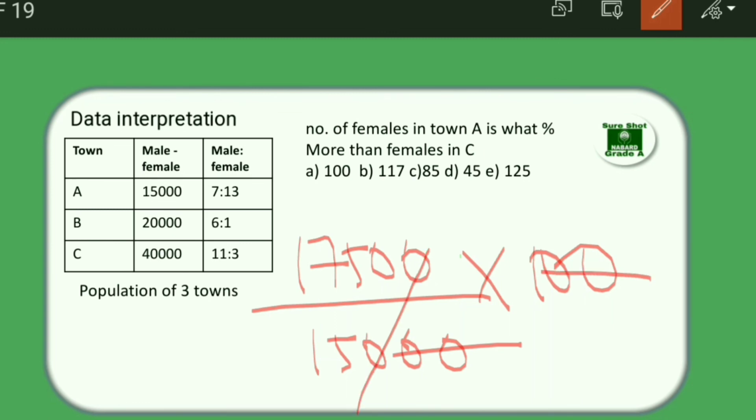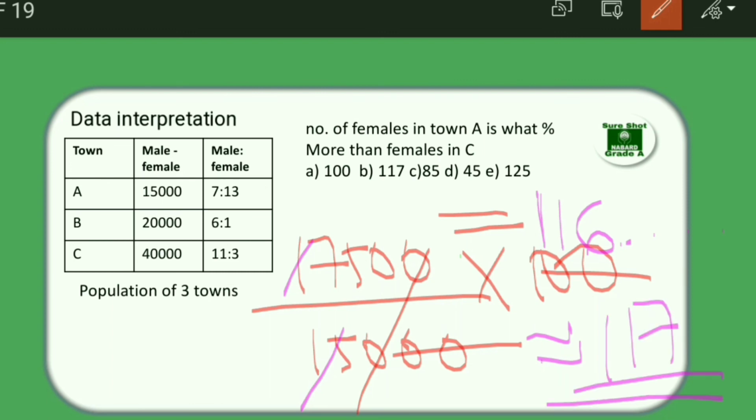The remainder is 2, 25, then 10 would come, 100, so 7, I think 6 will come, point some value will come, which should be based on the options. It is approximately equal to 117%. Okay, this is the answer.